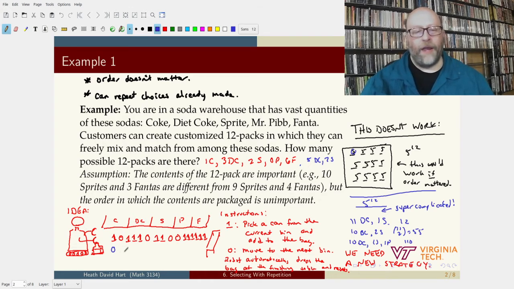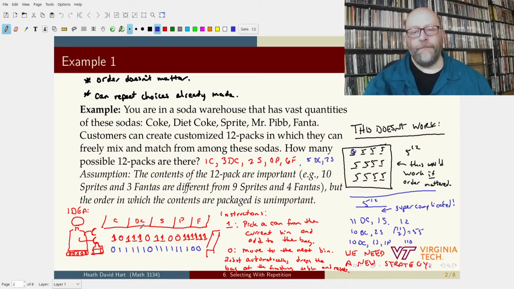And then the robot will take 5 Diet Cokes. 1, 2, 3, 4, 5. Then the 0 moves the robot to the Sprite bin. And then 1, 2, 3, 4, 5, 6, 7 Sprites. The bag is full, but the robot is not over at the finishing table. And so to get the robot to the table where the robot can automatically drop the bag off, we have to advance the robot from the Sprite to the Pibb, and then from the Pibb to the Fanta, and then that's where the end table is at the row.